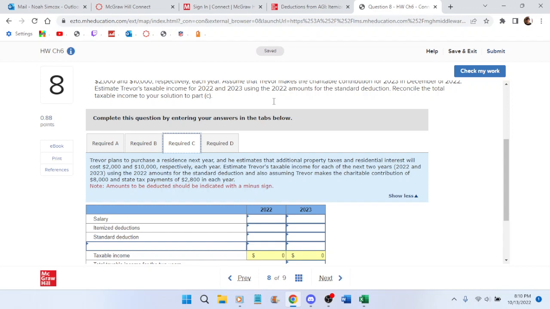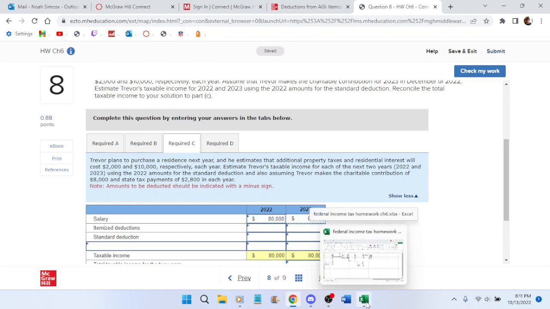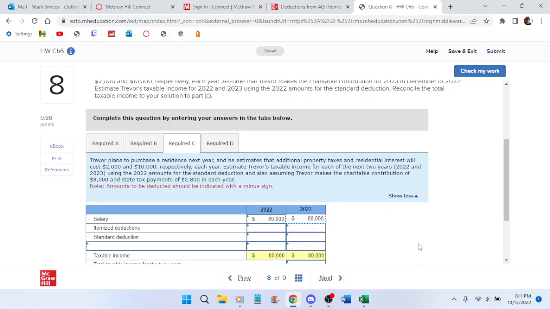Oh, come on. Okay, now we have to figure out the fact that we will have 8,000. So we're going to add both of these into the deductions, and it's going to be wrong.